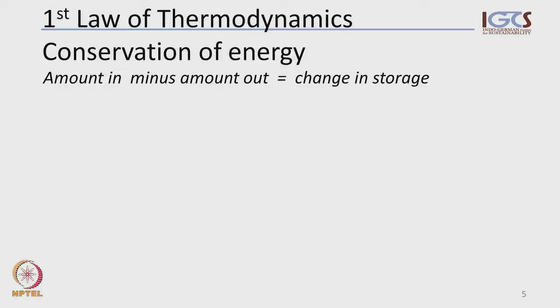Now, the second law, which is important for today's class, is the conservation of energy. Essentially, it starts from the same idea: the amount of energy coming in minus the amount of energy going out of our system equals the change in storage.